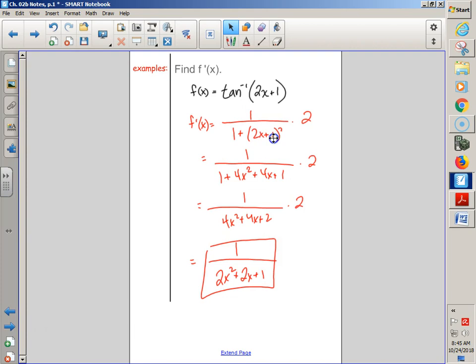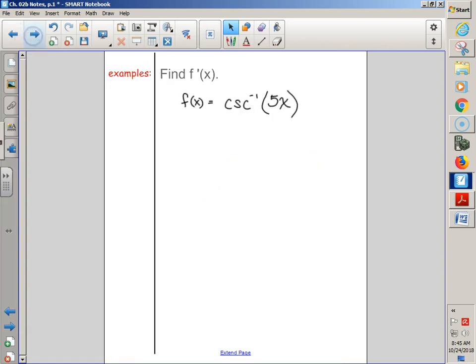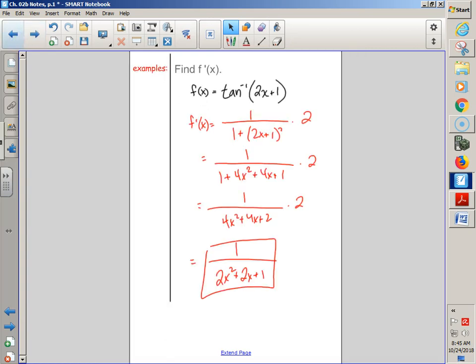What did I do that I didn't show? I factored out a 2 and then, right? Okay, so not bad. 1 over 1 plus u squared times u prime. Oh, but who's this guy? All right, question. Sorry. We good?